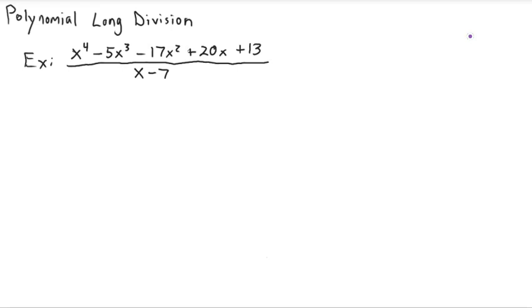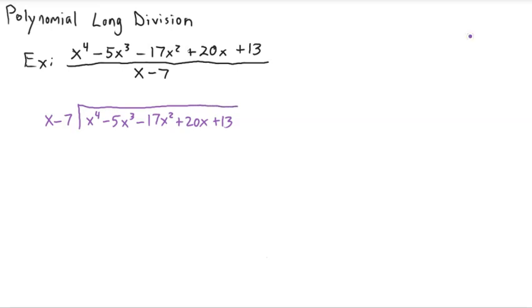You've probably seen division, where you put what you're dividing by on the outside, and then you put the dividend underneath. So we're going to put x to the fourth here, minus 5x to the third, minus 17x squared, plus 20x plus 13. Okay.